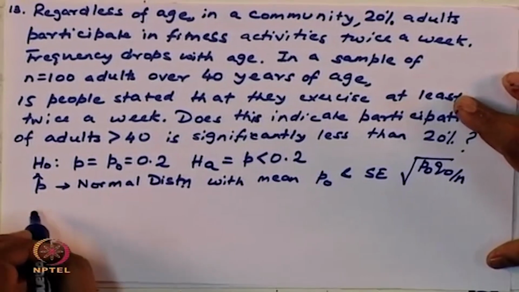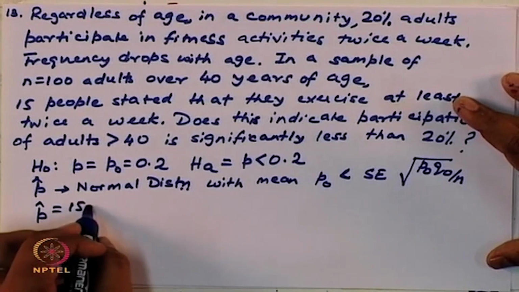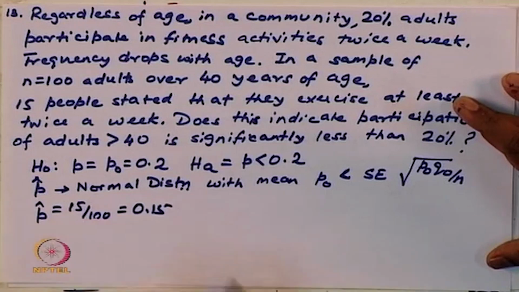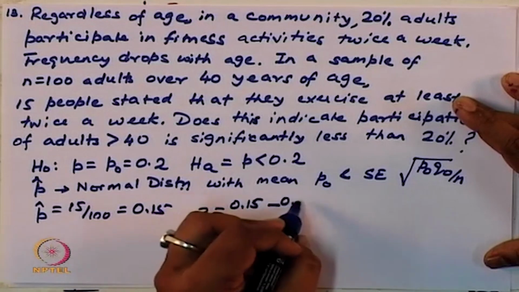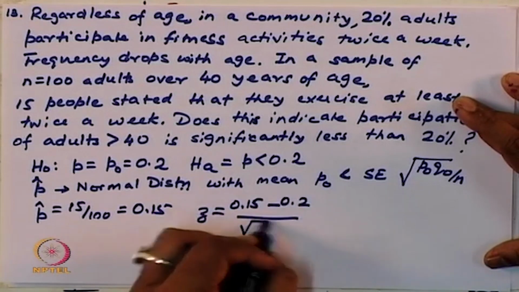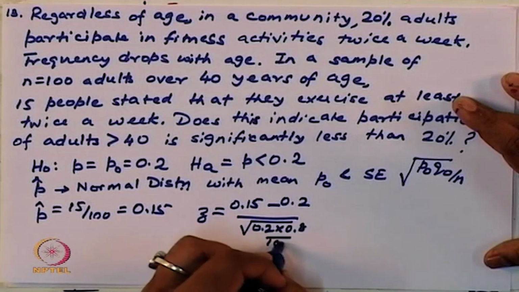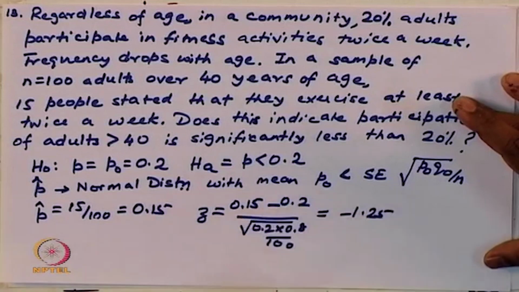So, in your specific case, you know p hat is 15 out of 100, which is equal to 0.15. So, if you calculate the z statistic, okay, it is 0.15 minus 0.2 divided by the standard error, which comes to minus 1.25.